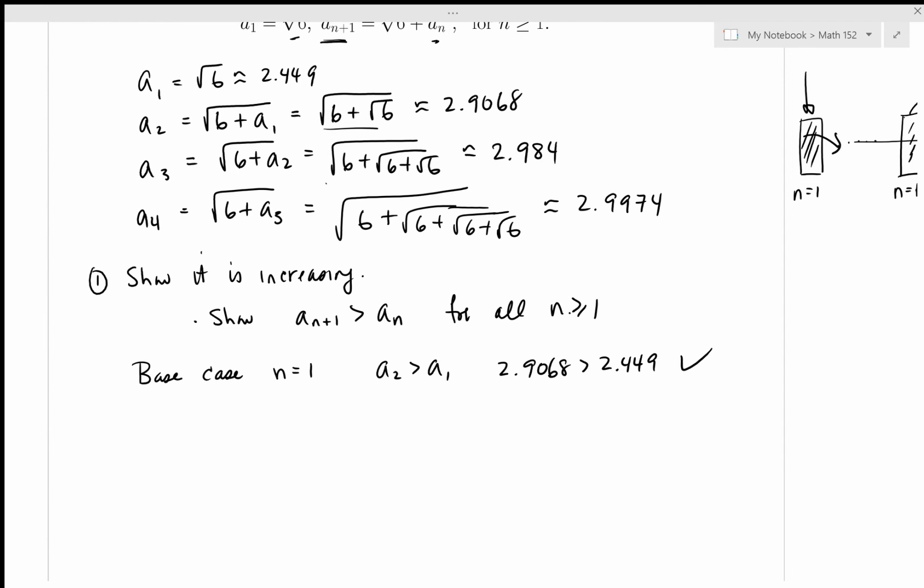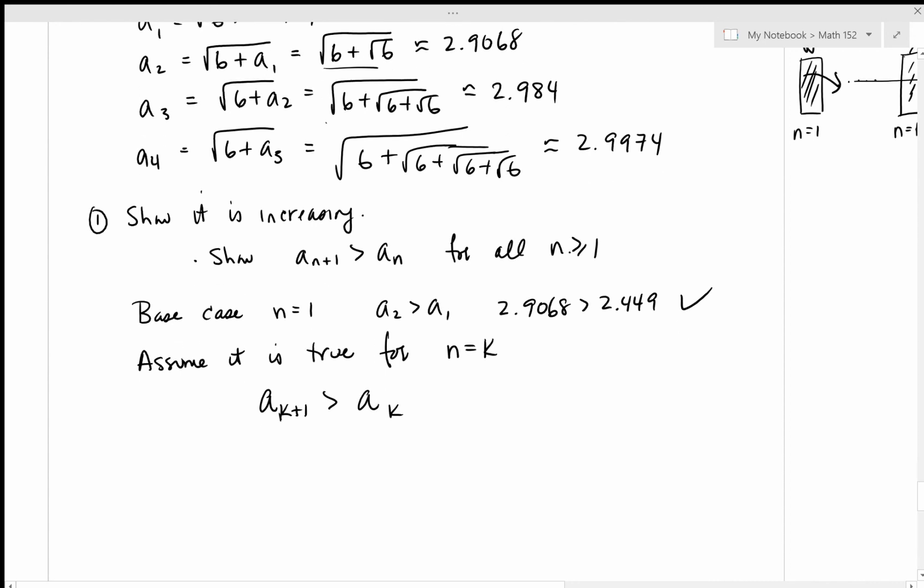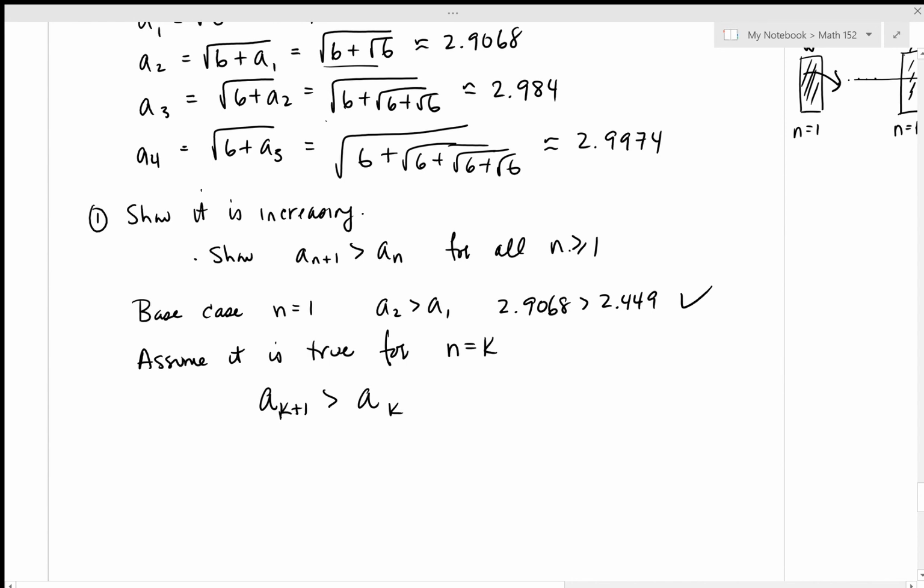Okay, so now we assume it is true for n equals k. That means I'm making the assumption that a_(k+1) is bigger than a_k. Now I can do whatever I want that's algebraically legal, and my attempt is to show that this forces a_(k+2) to be bigger than a_(k+1). So I'm going to add 6 to both sides.